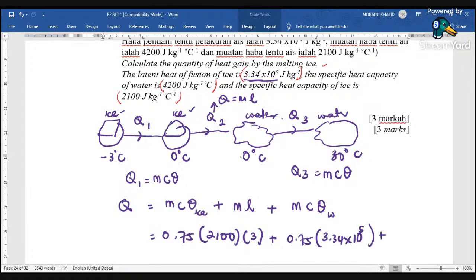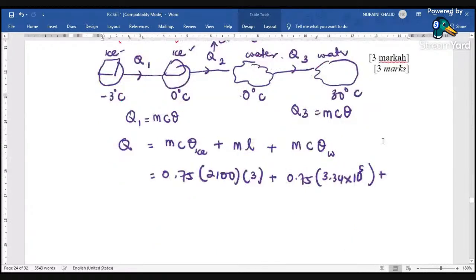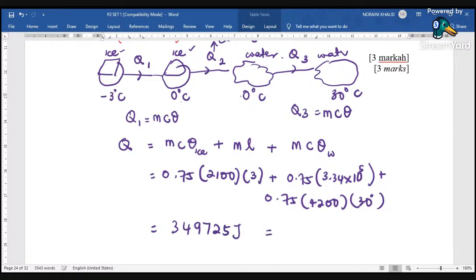Plus 0.75, this is water, so 4200, change in temperature 30 minus 0 is 30. If you calculate all these, you will get 349,725 joule, or in standard form, 3.50 times 10 to the power 5 joule.